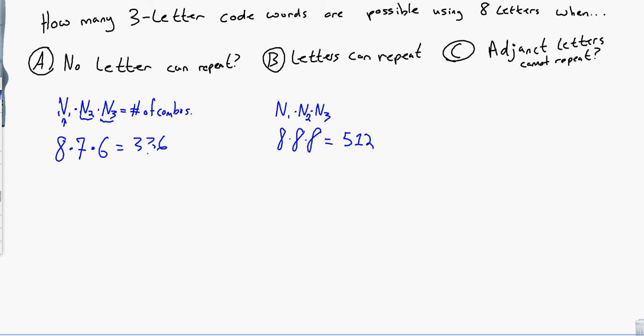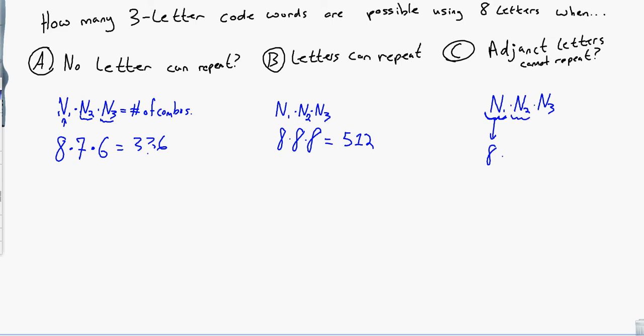So what about if adjacent letters cannot repeat? Once again, we're still going to use n1 times n2 times n3. For the first letter, there's still going to be 8 letters available. But if adjacent letters cannot repeat, then whatever was chosen for the first n is no longer going to be available for our second n.